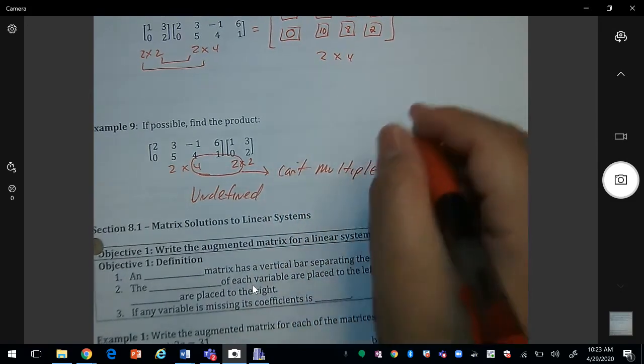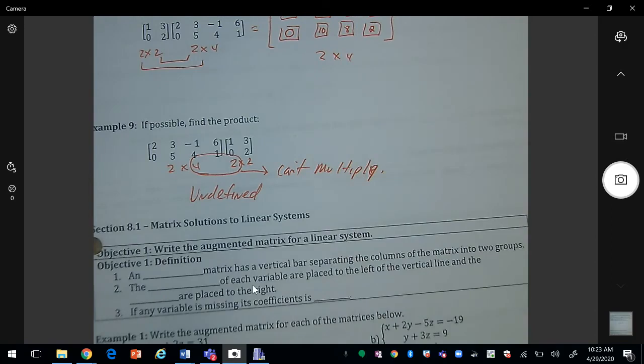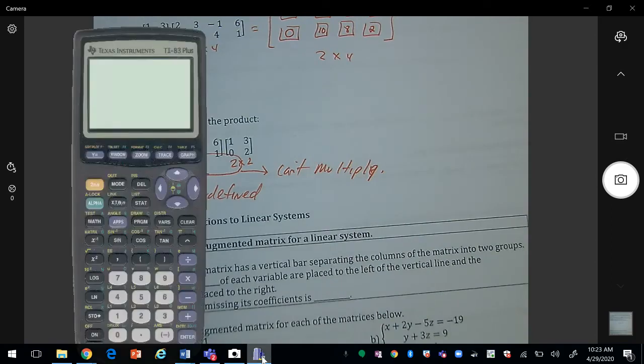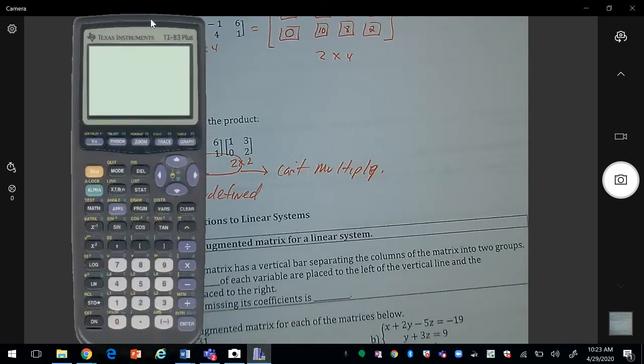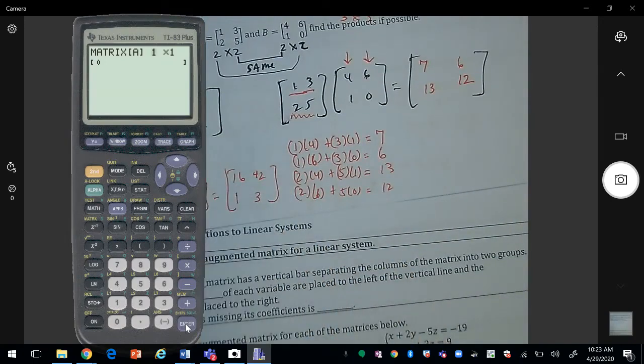You can put this in your calculator if you have a graphing calculator. To do this on the calculator, you would have to go to second matrix, and then edit a matrix. You enter the first matrix. So let me go ahead and enter this one.